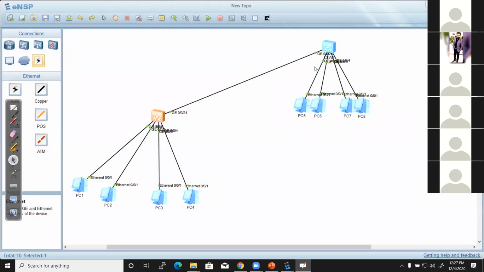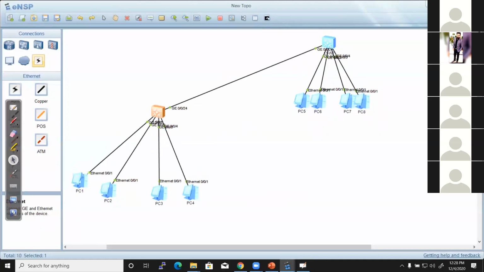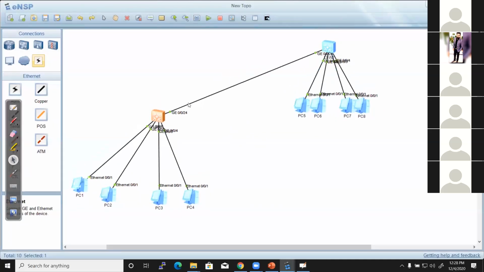So let me start another topic. This is very interesting and quite lengthy. For example, if we talk about this topology, what's the drawback in this topology? You need to figure it out.